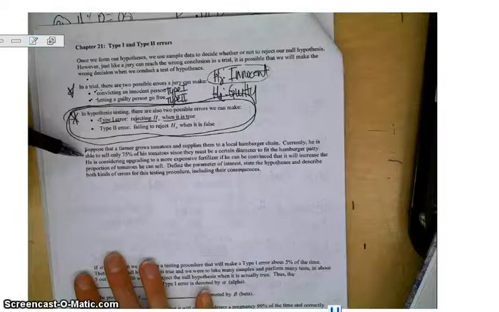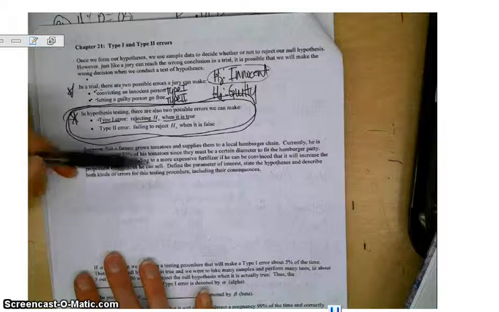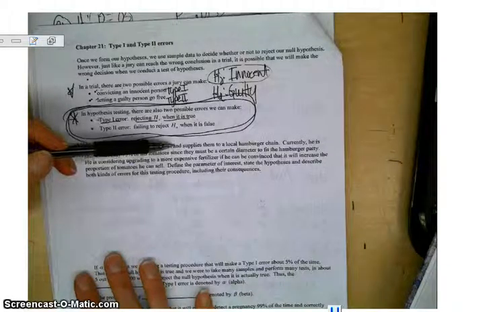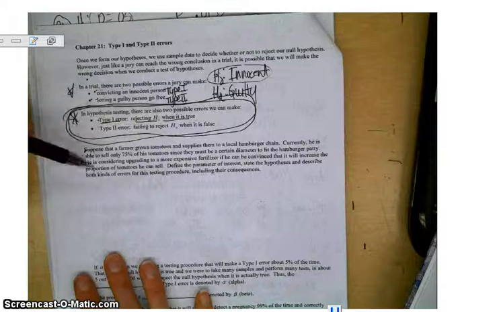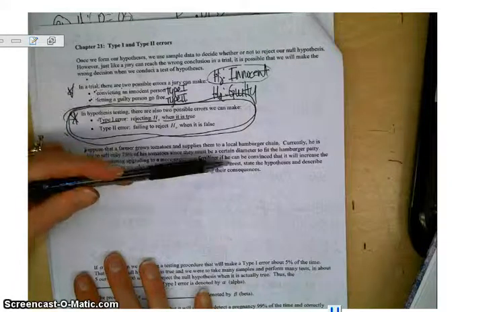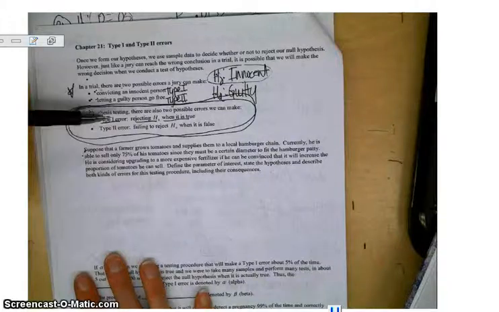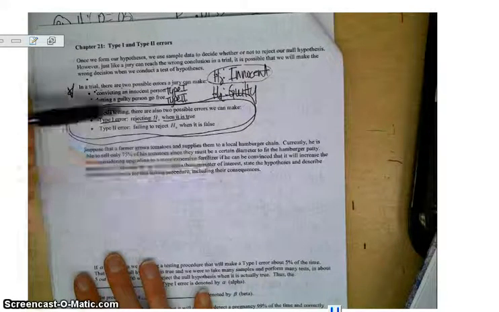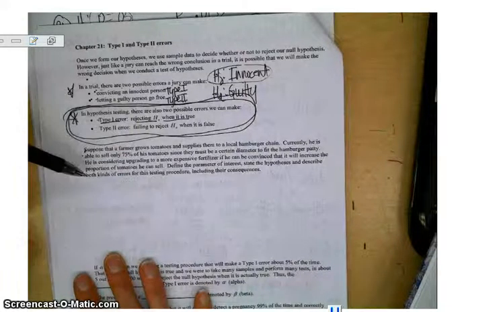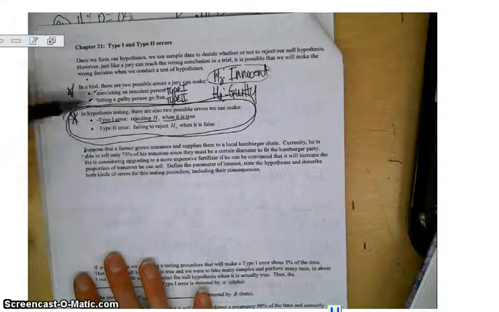Currently he's able to sell only 75% of his tomatoes because they have to be a certain diameter in order to fit the hamburger patty. So he's considering upgrading to a more expensive fertilizer if he can be convinced that it will increase the proportion of tomatoes he can sell. Define the parameter of interest, state the hypotheses, and describe both kinds of errors in context, including their consequences.